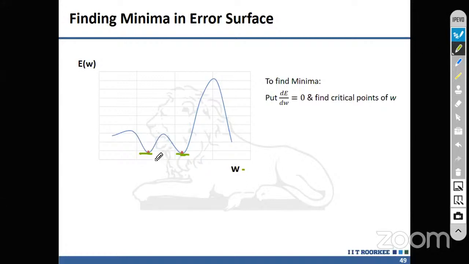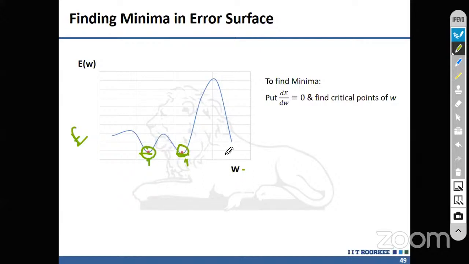We want to get the error, and find in which value of W we get this minimum. This is very interesting. We want to have the minimum error, right? So we want to know these points only.